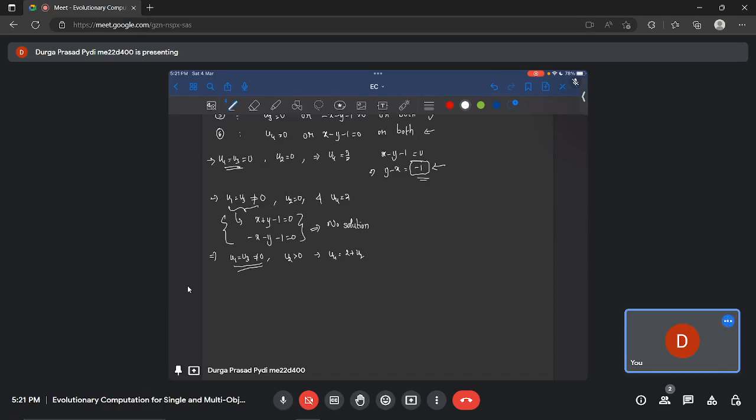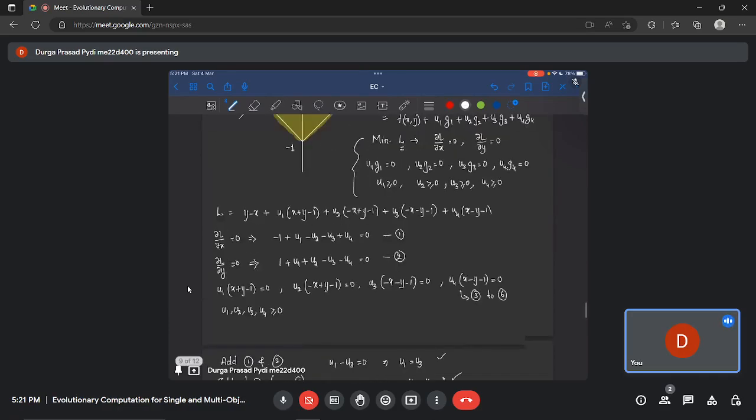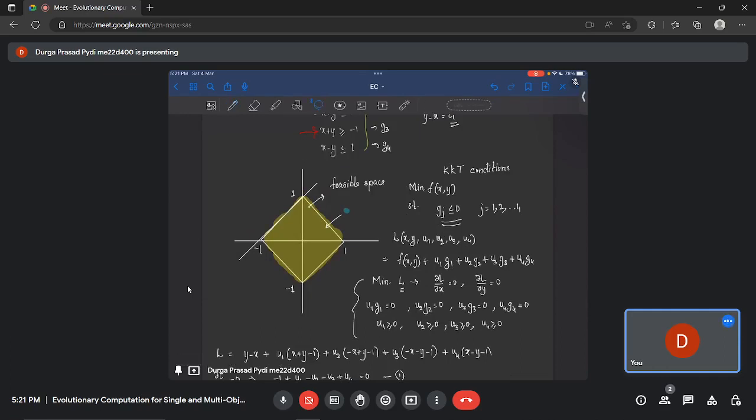Any value on this particular line, this entire line over here, is a possible solution within the domain. So you do not have a unique solution which gives you the optimal value.